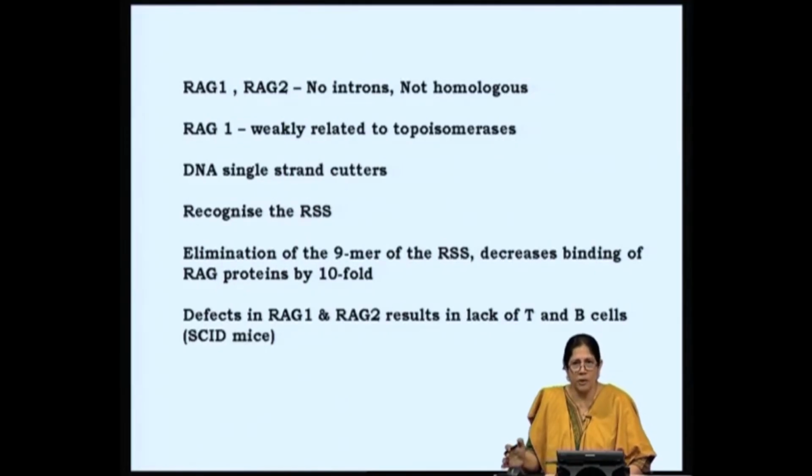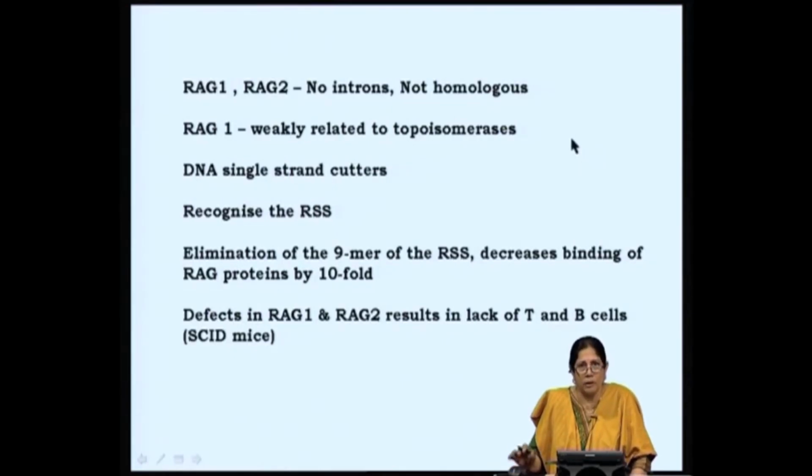You all might remember topoisomerases from your DNA and molecular biology subjects. They cut DNA. RAG1 and 2 are single strand cutters, they cut only a single strand, but then the hydroxyl group that is now generated is what attacks the opposite strand.